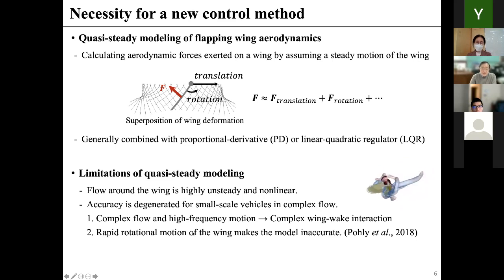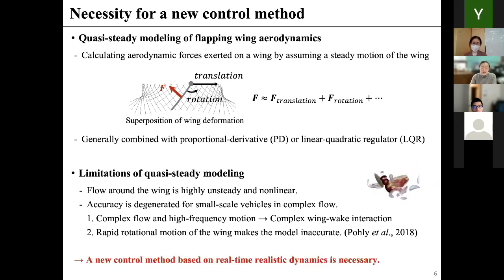So we should consider both the fluid structure interaction during the flight, and also account for all the nonlinear aspects of the motions in the control strategy. So we need a real-time, realistic control strategy for realistic motions.